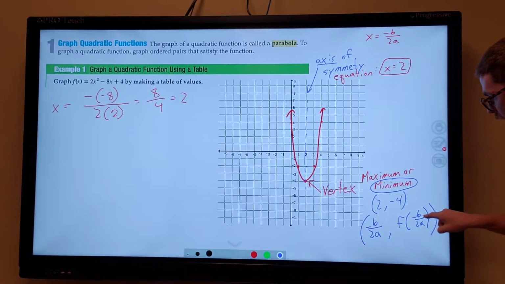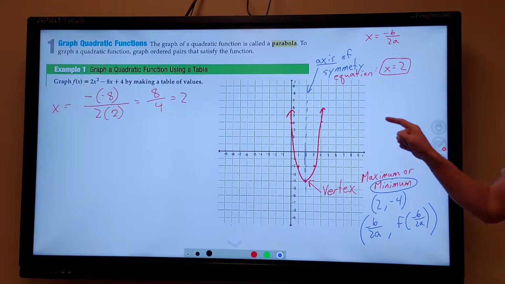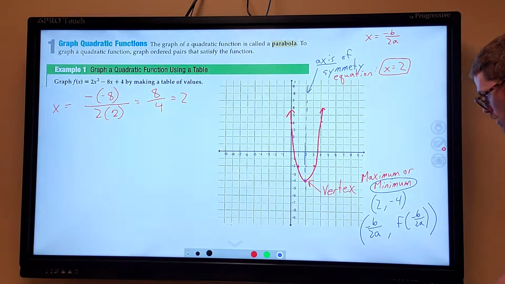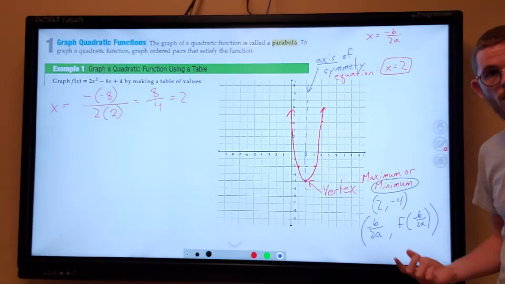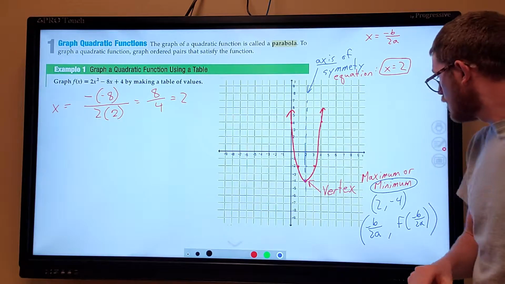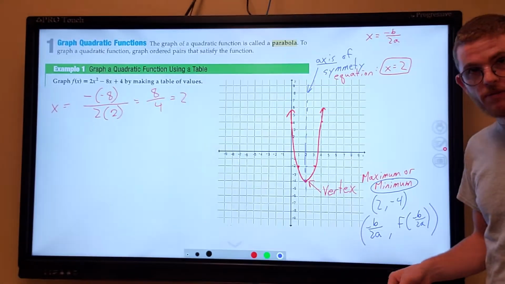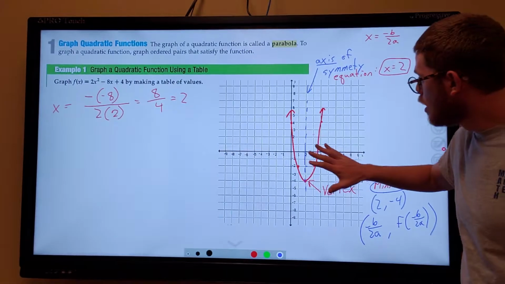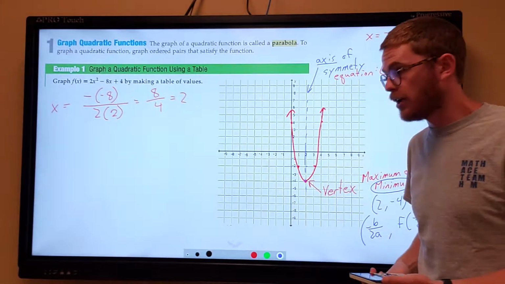It's taking that x value and plugging it in for x. F of negative b over 2a. So that's how we can find our vertex. Okay, pretty good. Okay, bringing some more of that together. Let's think about the domain and range.